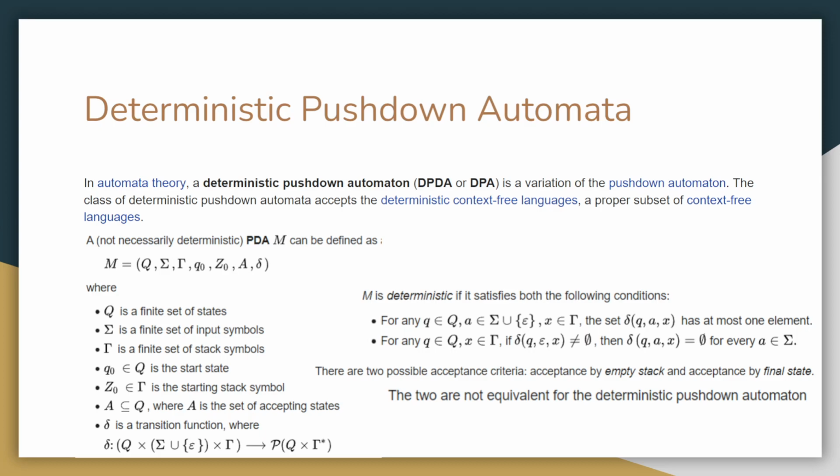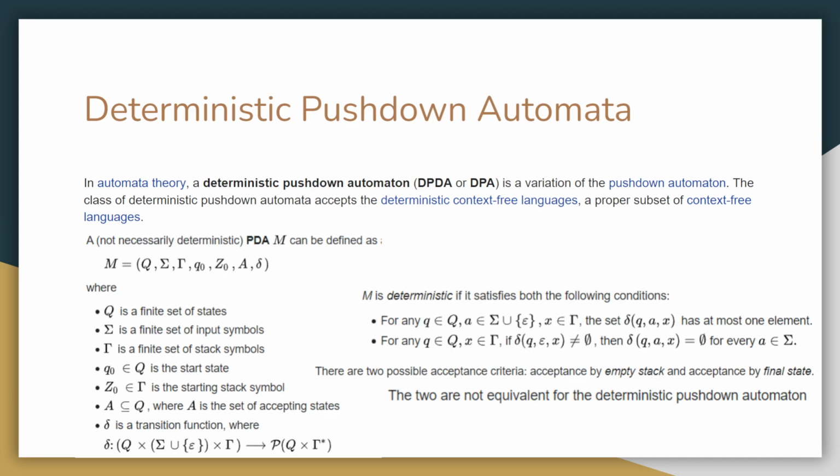Q naught belongs to Q and is the start state. Z naught belongs to Gamma and is the starting stack symbol. A is a subset of Q, the set of accepting states, and delta is a transition function.